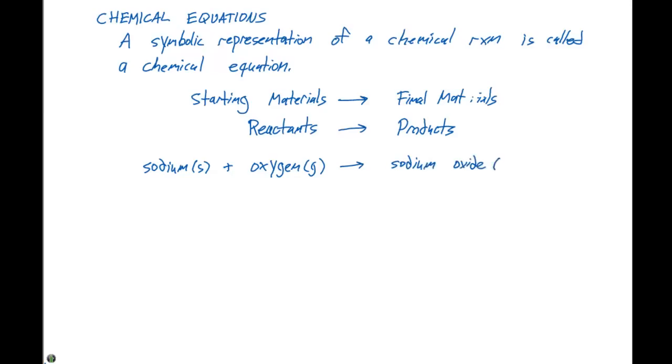And the sodium oxide is a solid. And if we remember from our nomenclature, sodium is a +1 charge, oxygen has a -2 charge, so this has to be Na2O, and it's an ionic compound. So our product is Na2O.